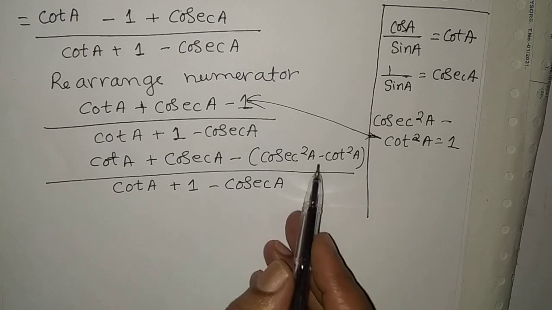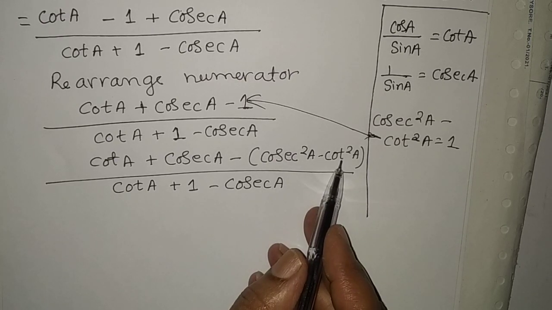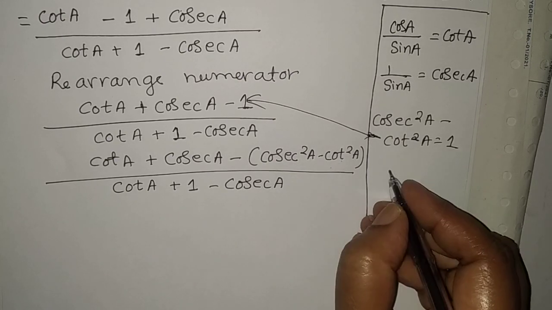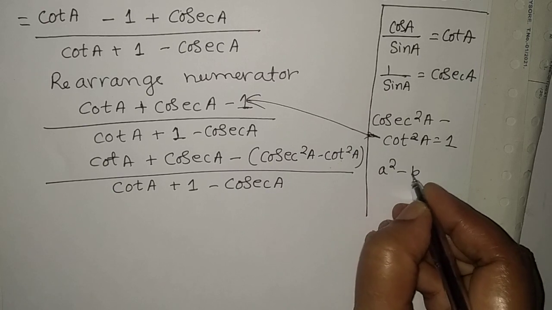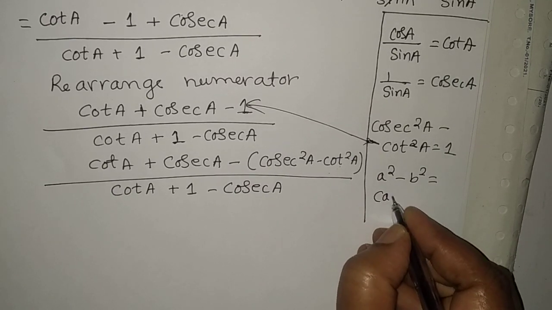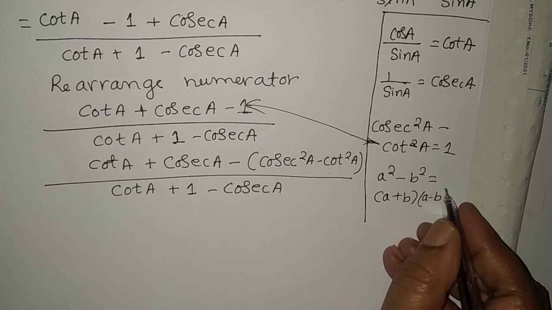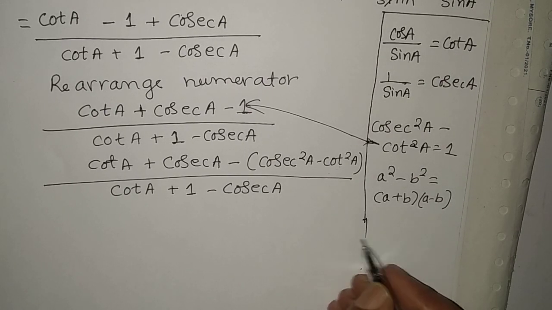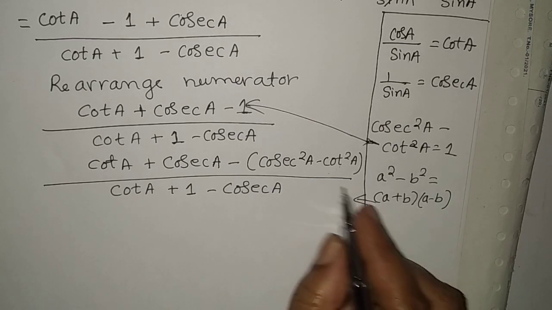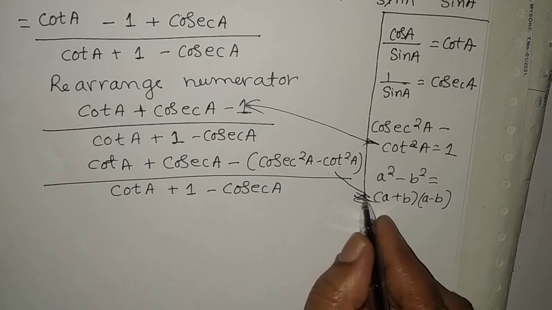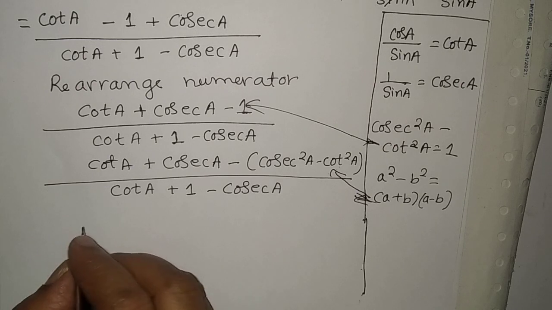Now a square minus b square can be written as a plus b into a minus b. I am writing the formula side by side and applying it here.